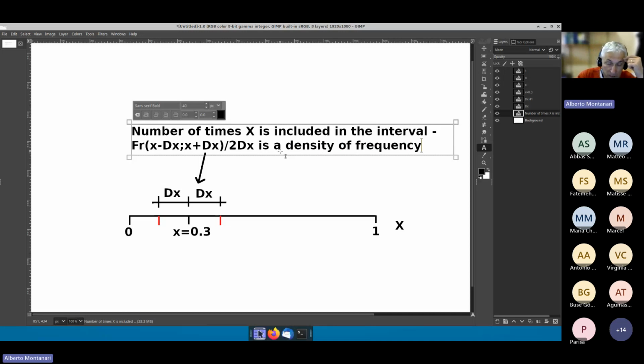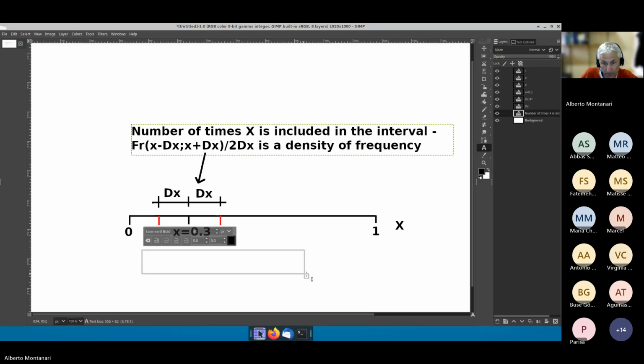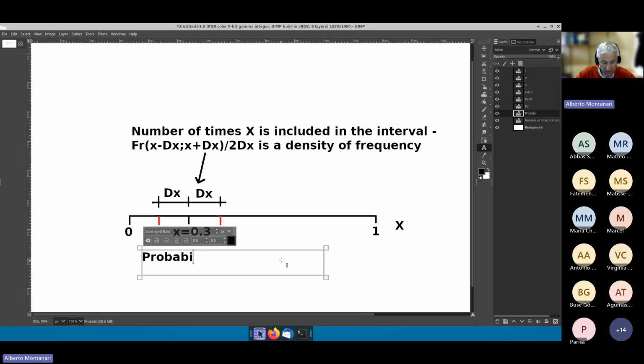And by the way, keep in mind that while probability frequency is dimensionless, if I divide by the length of the interval, the density of the frequency is no more dimensionless. It has a dimension determined by the unit of x, because I divide by x, and therefore the unit of x gives the unit of the density of the frequency. What I just defined in this way is the definition of probability density.